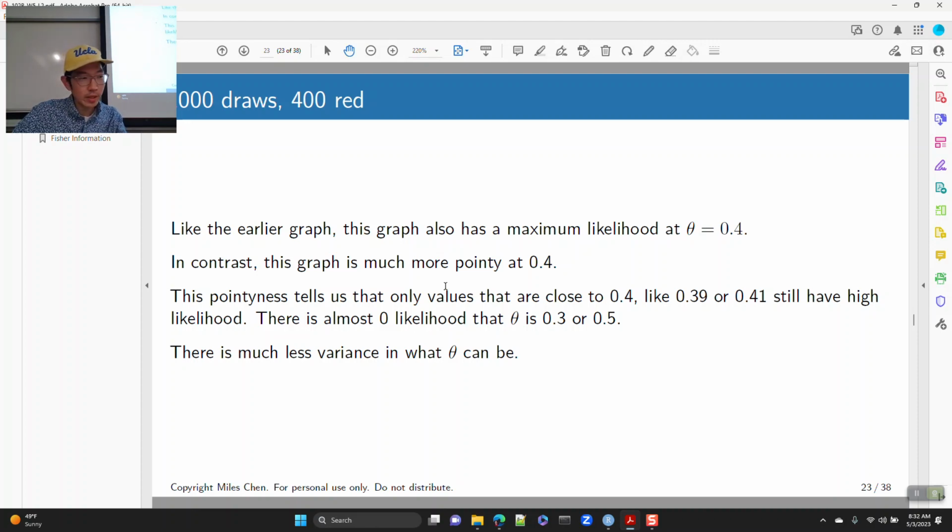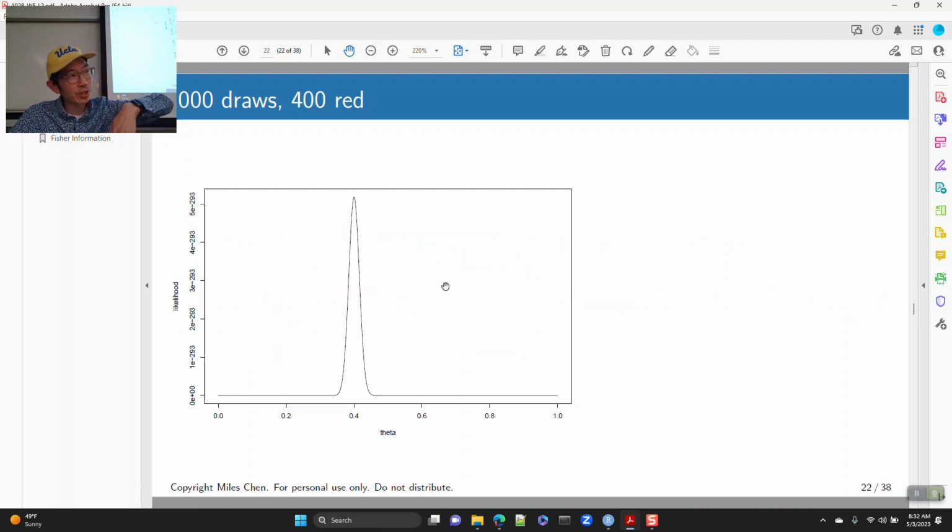So how much curvature we have reflects the amount of information that we have. How much information we have about our parameter estimate is reflected in this concept of the curvature of our likelihood function.